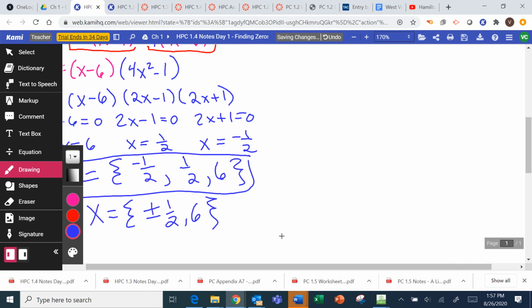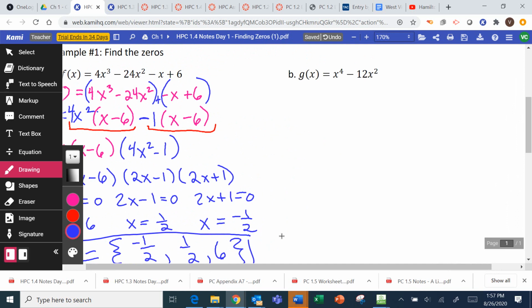All right, let's try that other one. Just last example. We're doing zeros. So let's set it equal to 0. We're going to solve for x. Marie, can you tell me something that I could do?